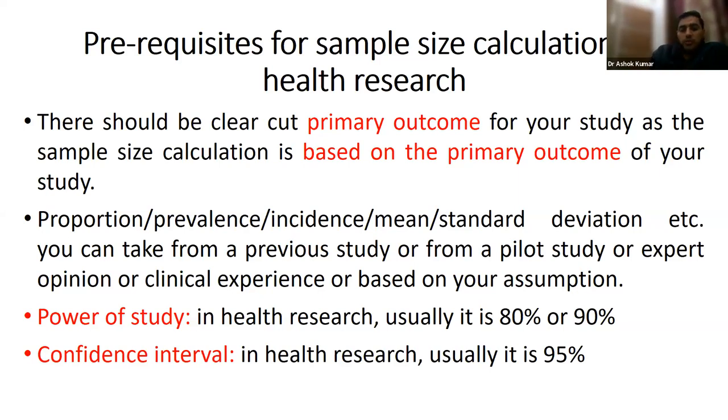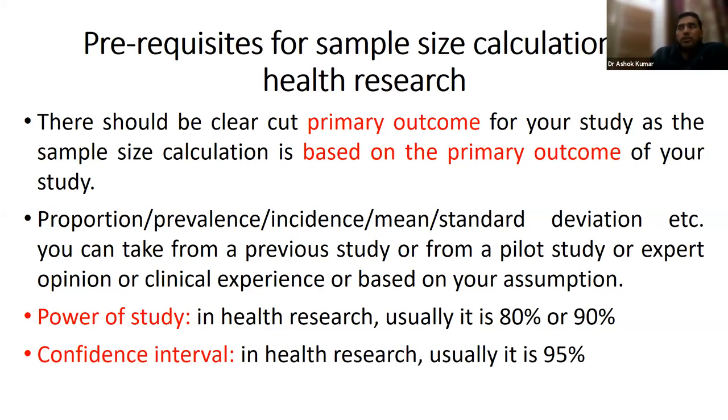Okay. So if we take these findings to calculate our sample size from a previous similar study, it is very good. But if we don't have a similar previous study, we can conduct a pilot study on like 5 patients or 10 patients or 10% of our sample size.